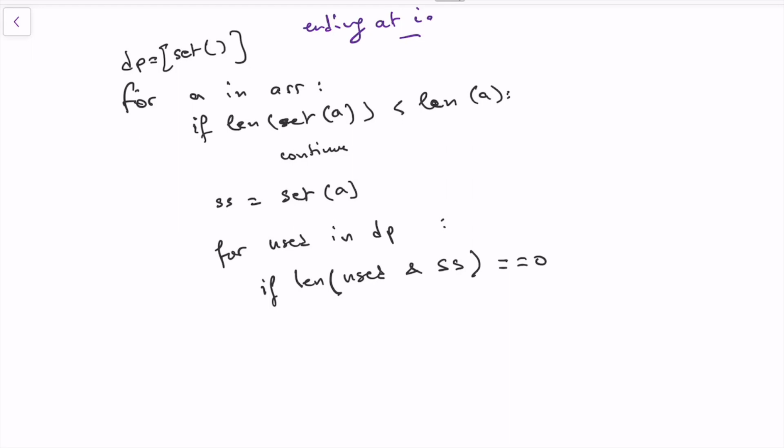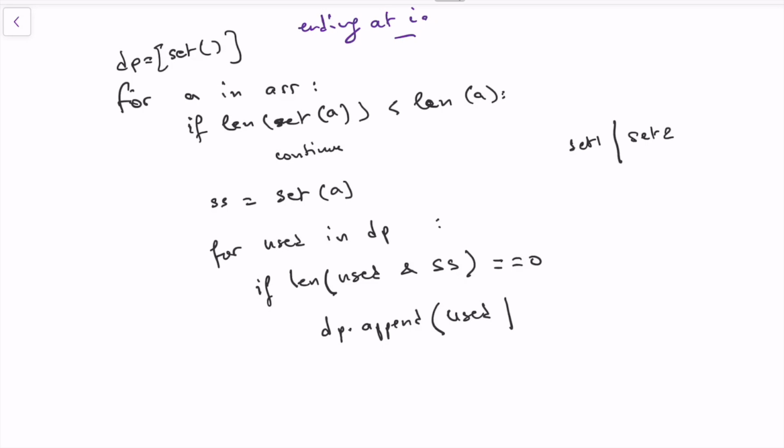And so at that point, we can add this string into the set of possible solutions, because it's a valid concatenation. To add the two sets together, we use the OR operator in the same way that we used in the previous solution, which gives a combination of the two. The two are just used OR SS, which is the set for A, right?